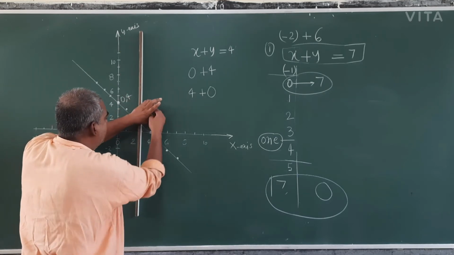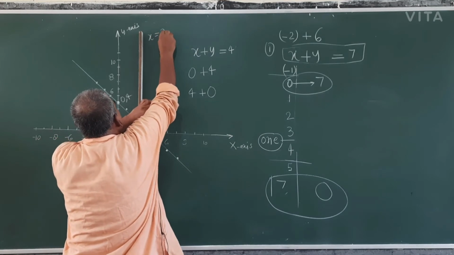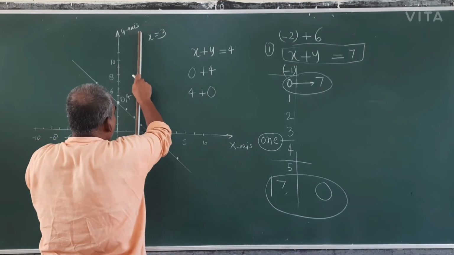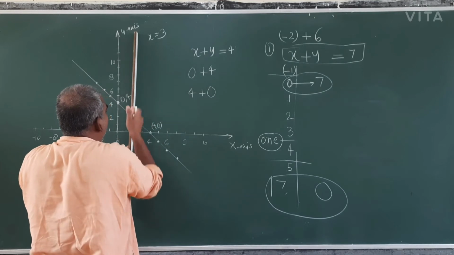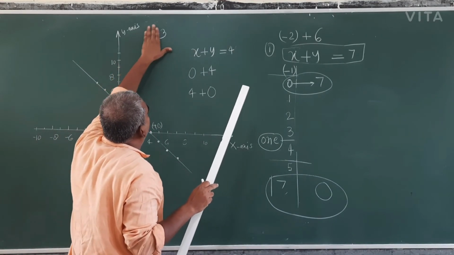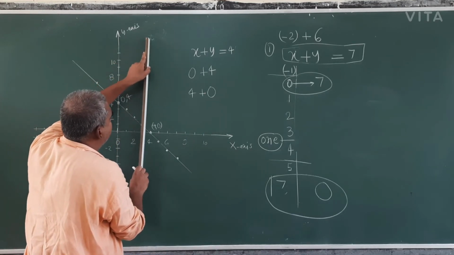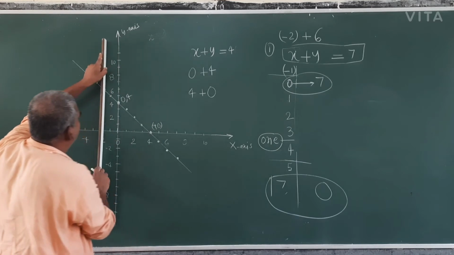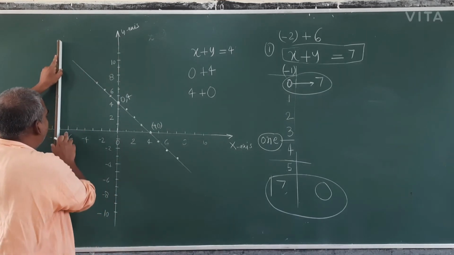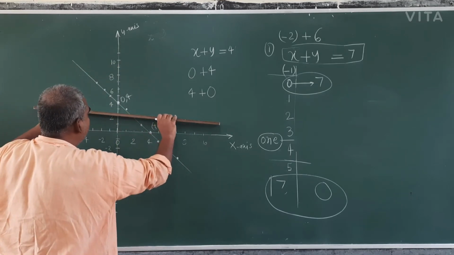So these lines will be x equal to 3, this will be x equal to 2. I will tell you later. That is called parallel to the y-axis. So lines will be like this, parallel to the y-axis, only cutting the x-axis. So lines may also be parallel to the x-axis.